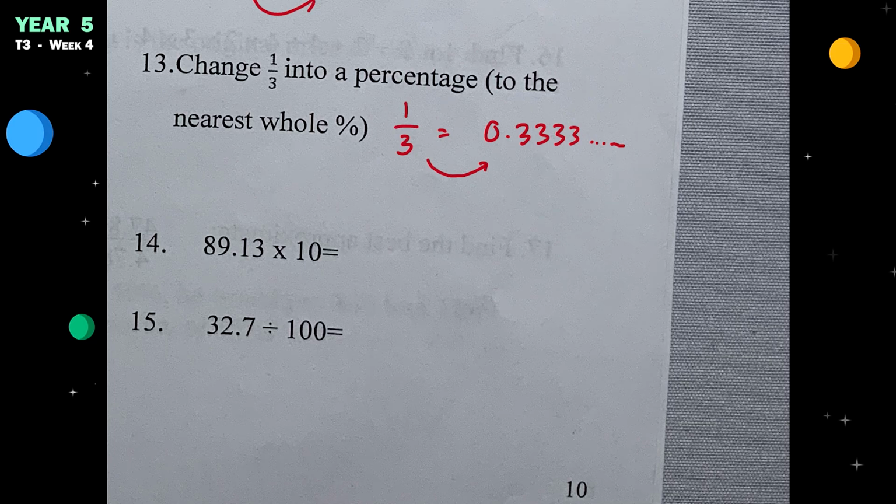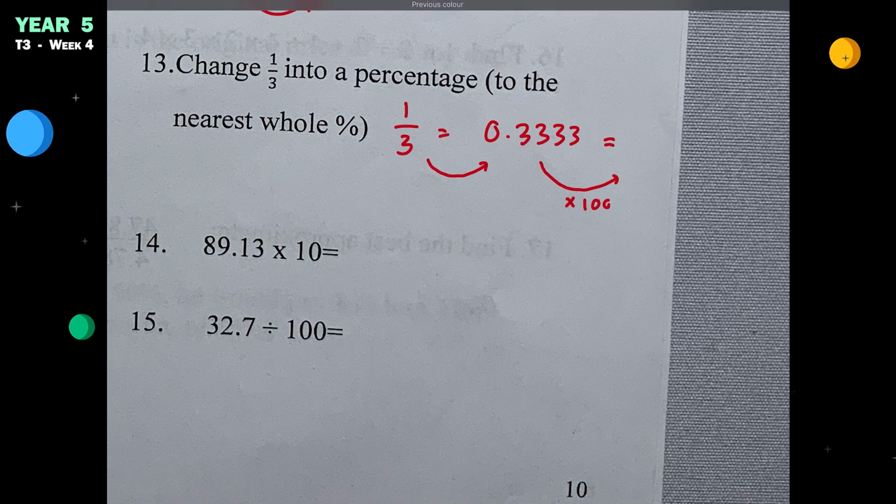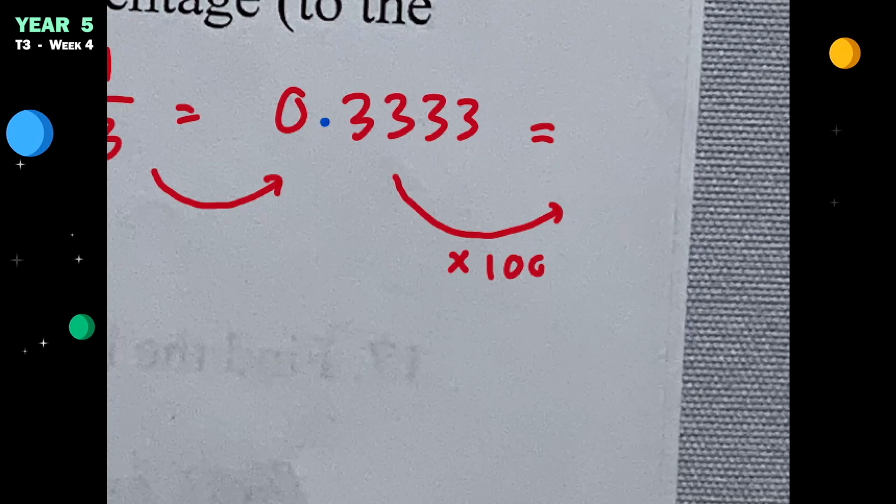Now to go to percentage, you must multiply the decimal by 100. So if you multiply by 100, what happens? The decimal place will jump 2 times to the right. So now your answer is going to be 33.33%. Just keep it like that for now.